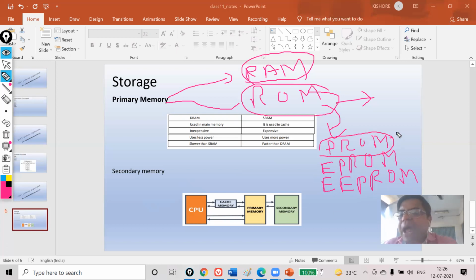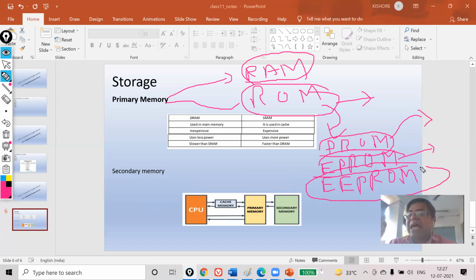It is a programmable read-only memory. EPROM is erasable, programmable, read-only memory. EEPROM is electrically erasable, programmable, read-only memory. So we have these three types in ROM.